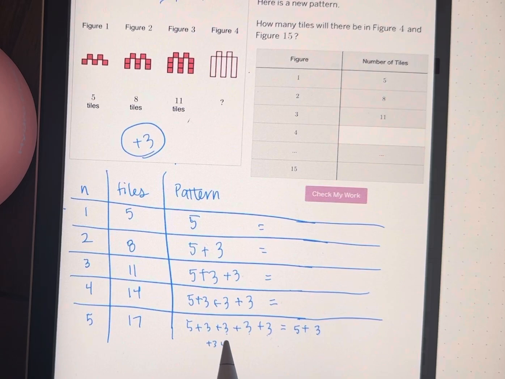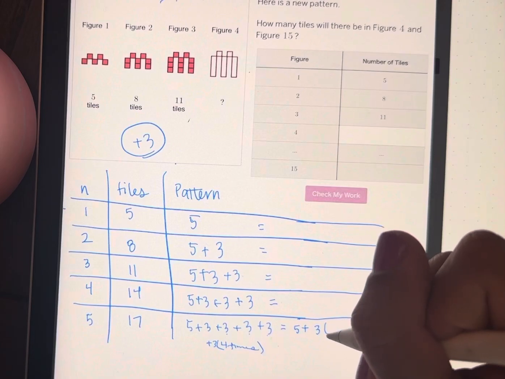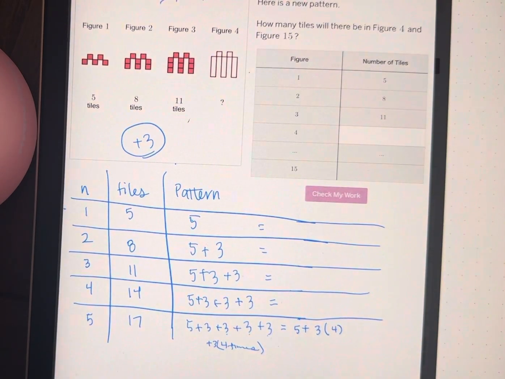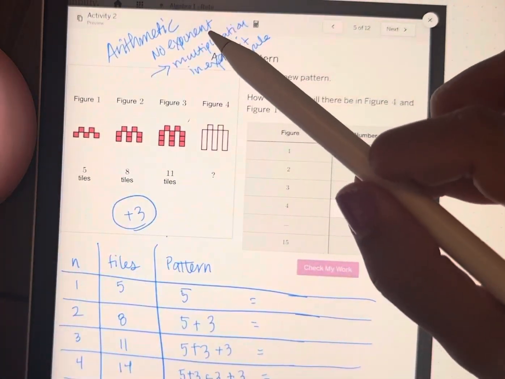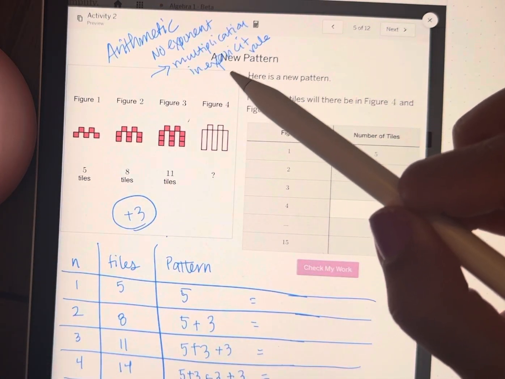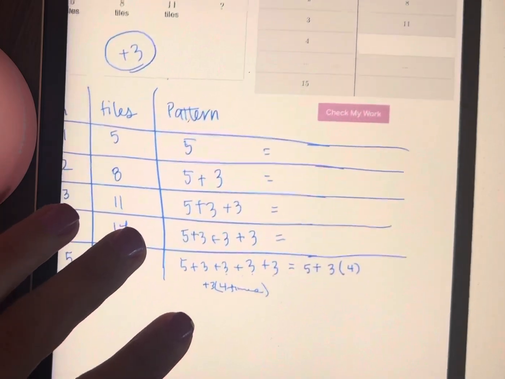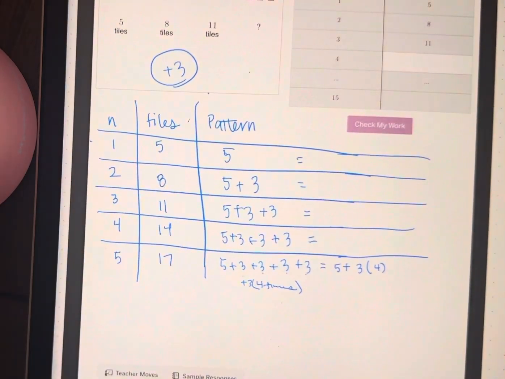Plus 3, 4 times. So that means I multiply it by 4. Okay? No exponent this time. That's what I meant here. No exponent this time. This time it's just multiplication. So 3 times 4. Okay, let's keep going.